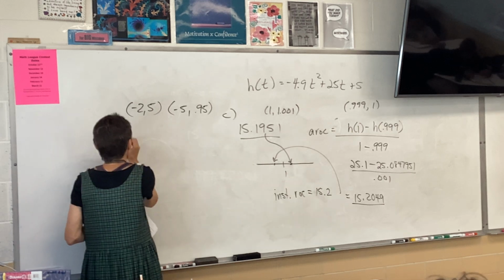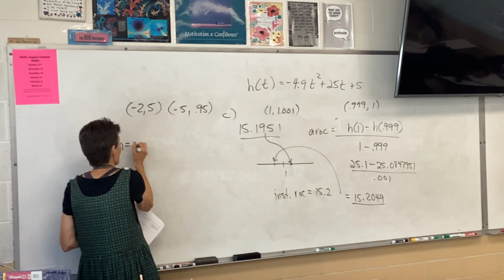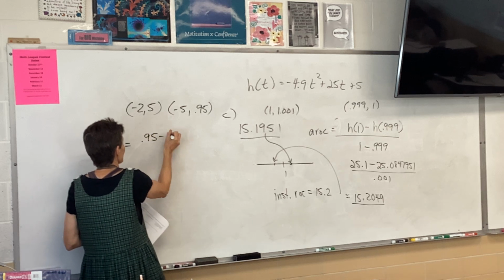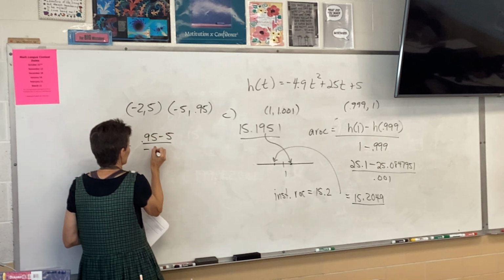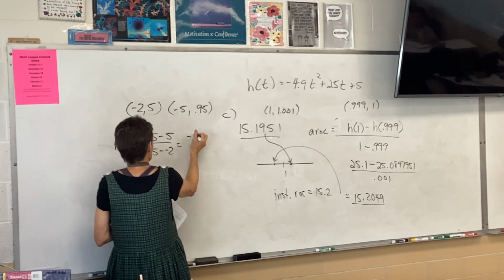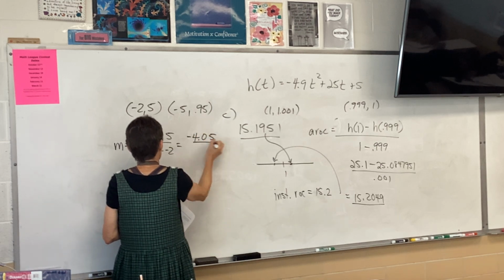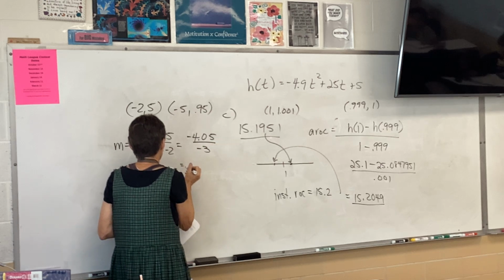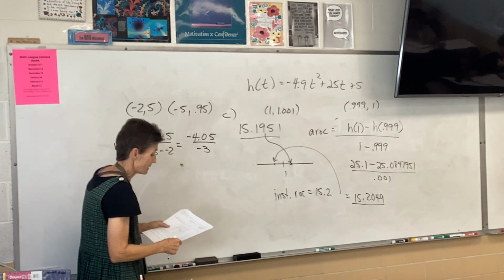So here we go, find the slope. We're finding the slope of that line. So 0.95 minus 5 over -5 minus -5. I don't know about my arithmetic, I think it's right.